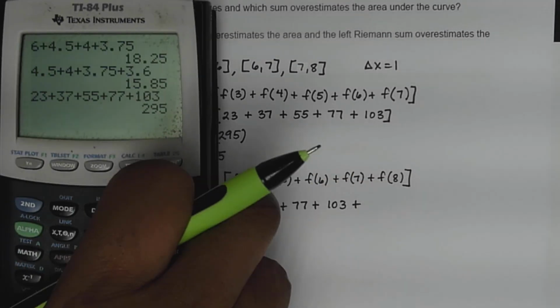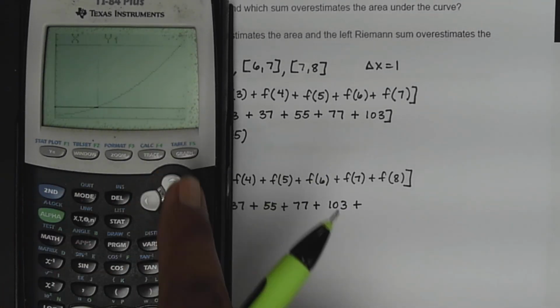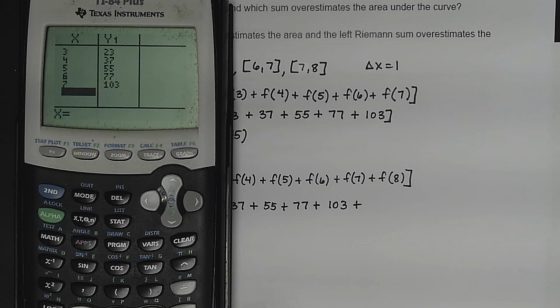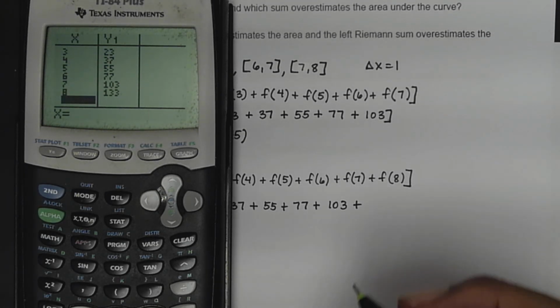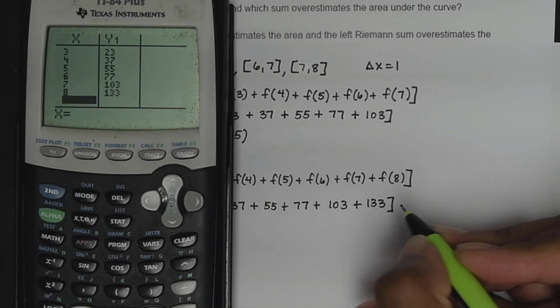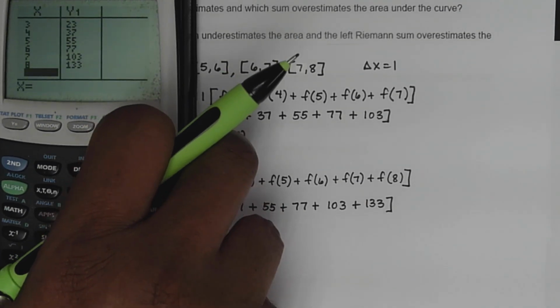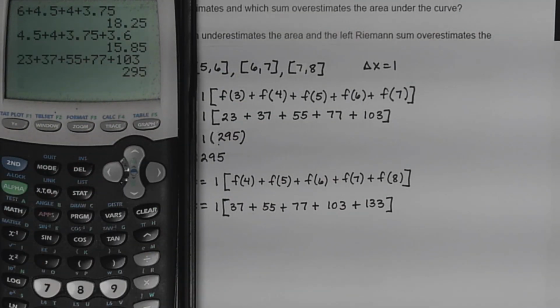is on the calculator. So let me go to second graph of the table, and then type in the 8 for x equals 8. That would be 133. And then let's add 37 and 55 and 77, 103 and 133.